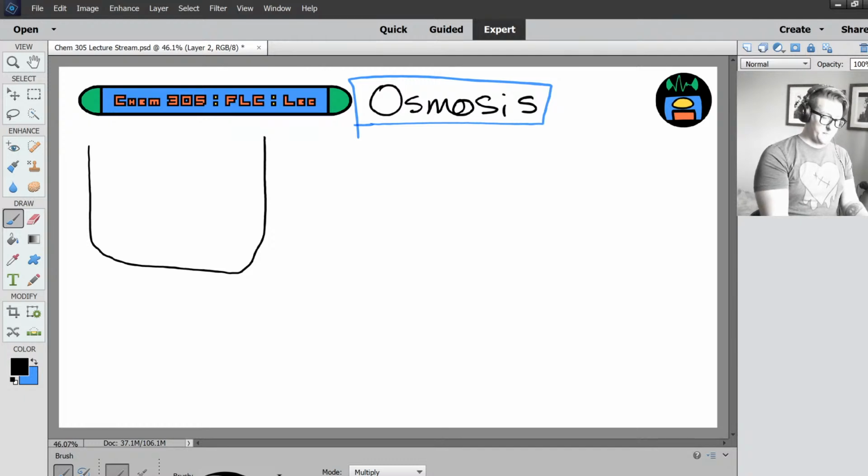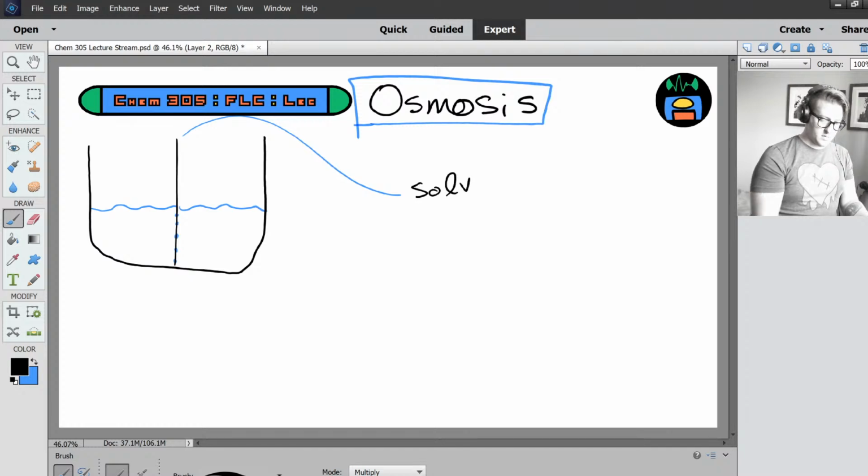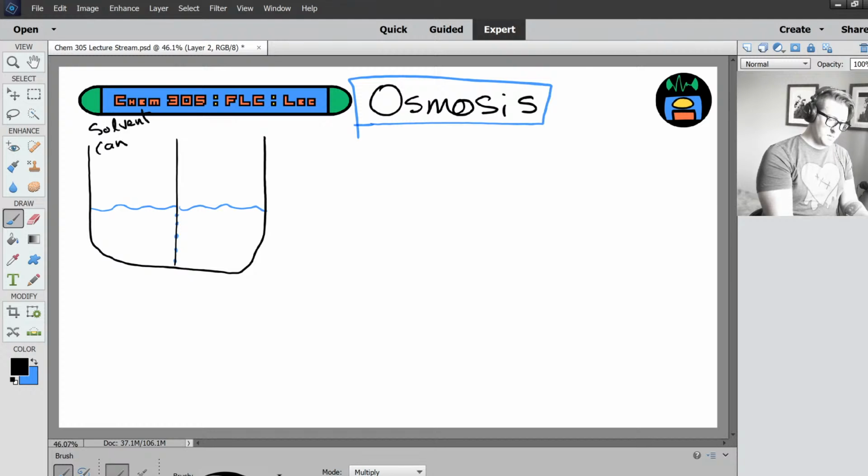So for example, if we have two solutions of water separated by a barrier, we've got a membrane through which the solvent can pass through.